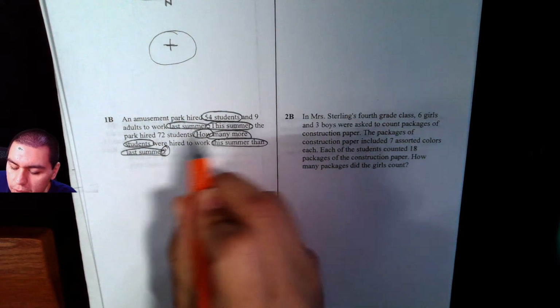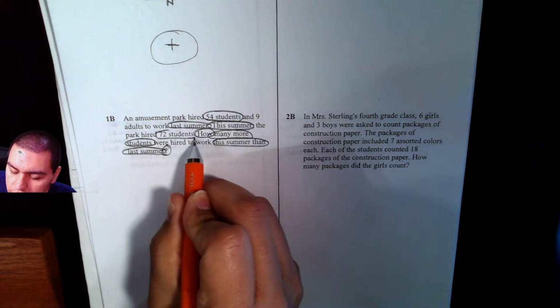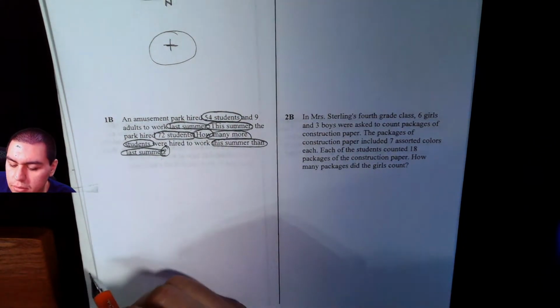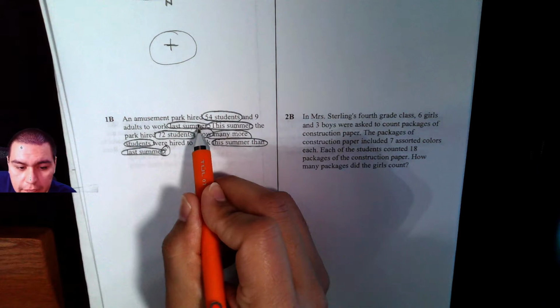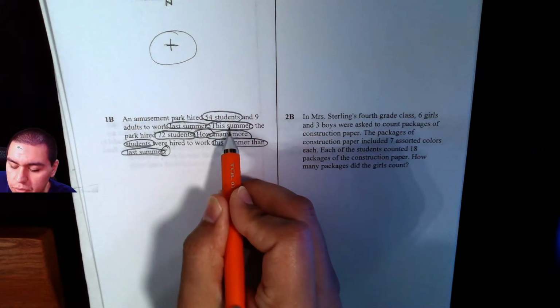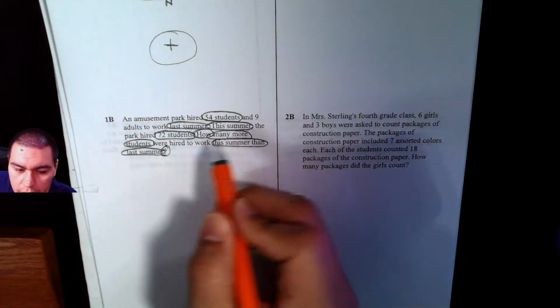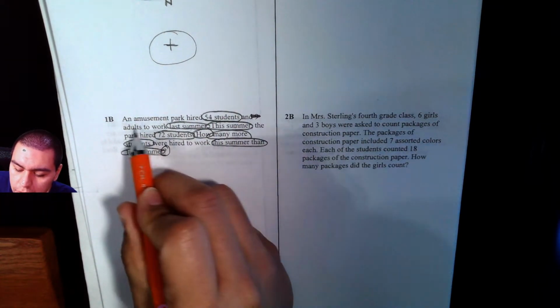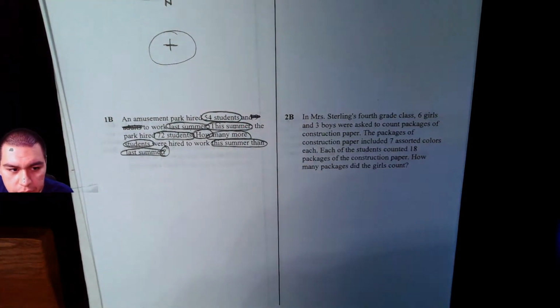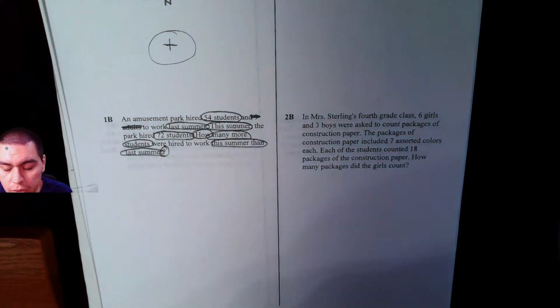This summer, the park hired 72 students. Okay, so I have my students for last summer. I have my students for this summer. And again, they gave me some extra, some trash. I don't need to know about how many adults they hired. That's not part of my question. I don't need to pay attention to.